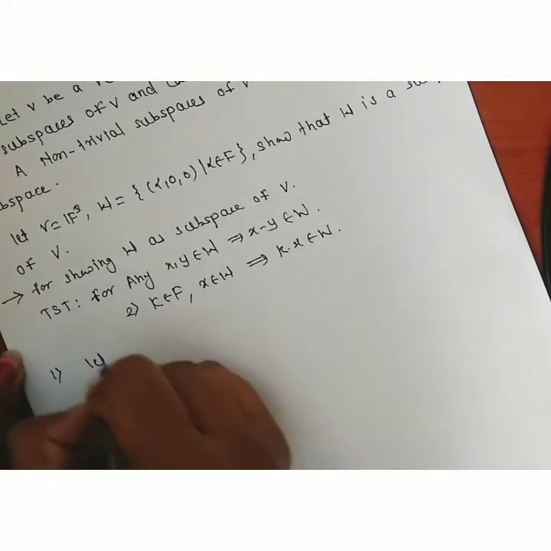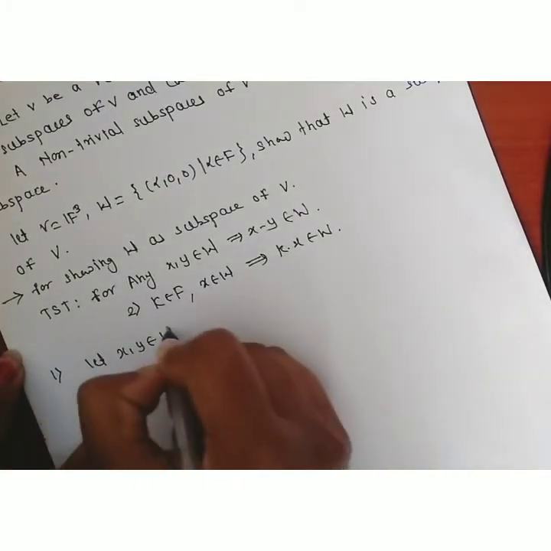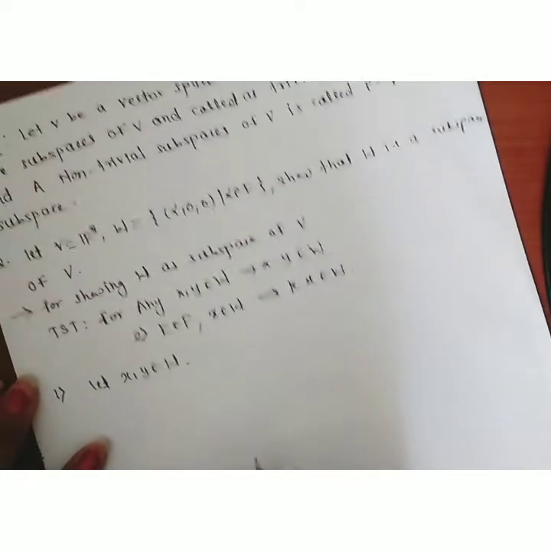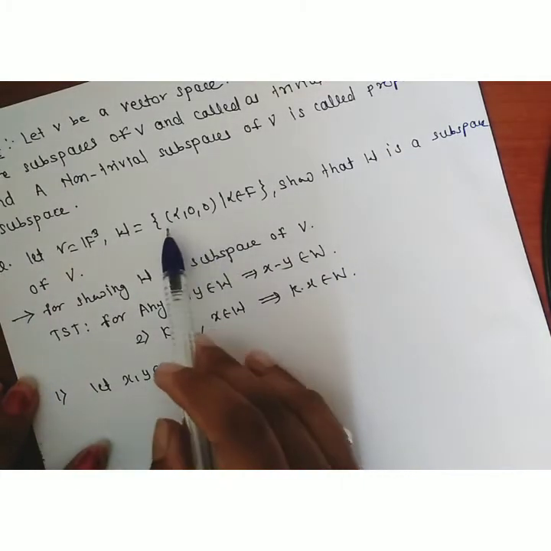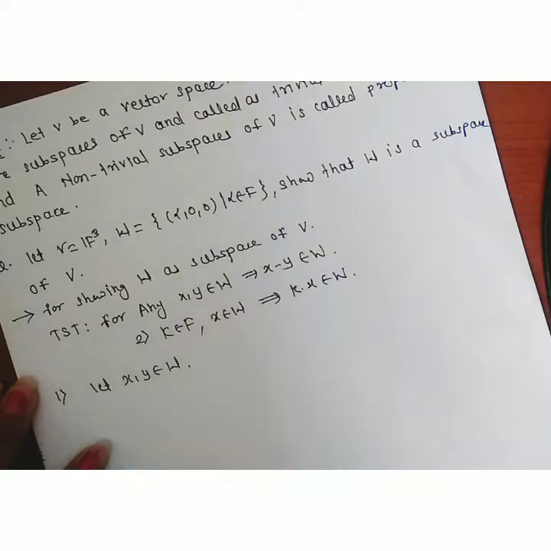Let x and y belong to W. As we know, W consists of all ordered triples of the form (alpha, 0, 0).